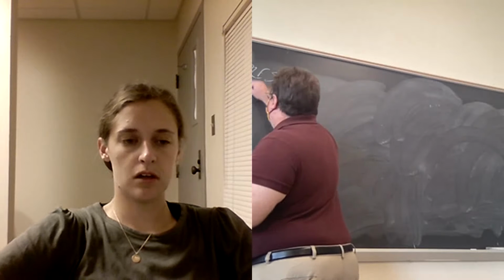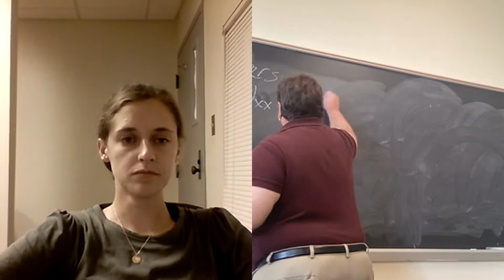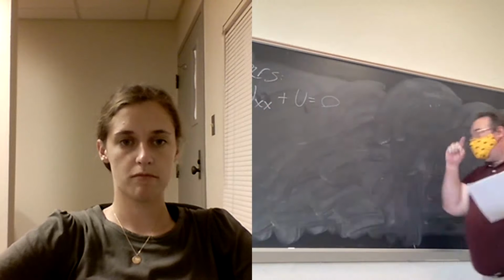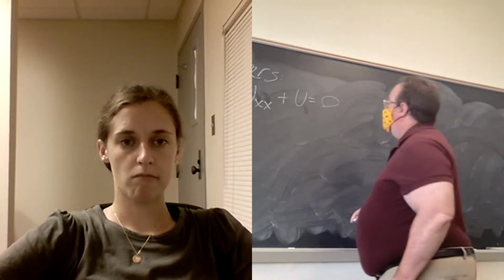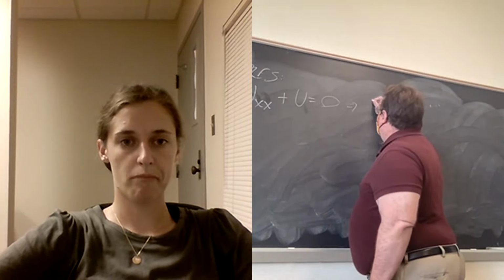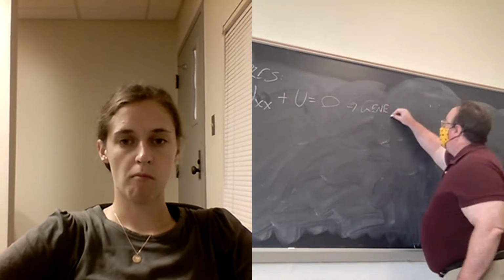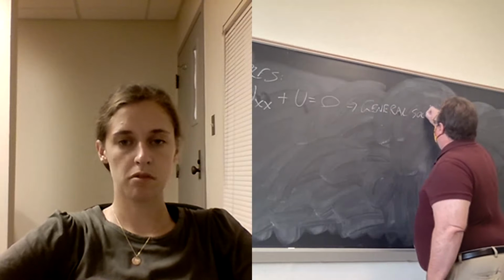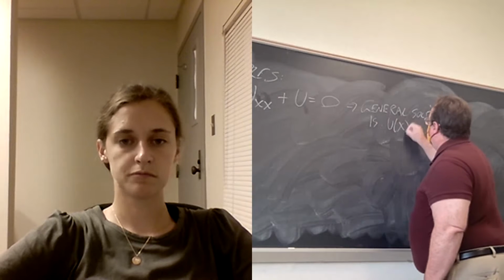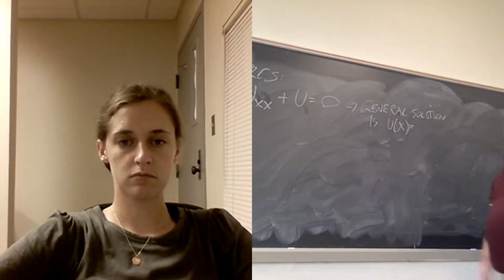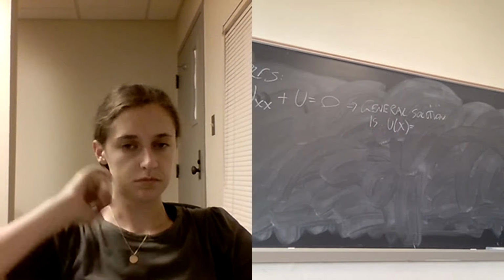So suppose I have a simple PDE. I guess technically this is an ODE: u_xx plus u is equal to 0. Now I have not specified any boundary conditions yet, I'm going to, but can anyone tell me what the general solution is?